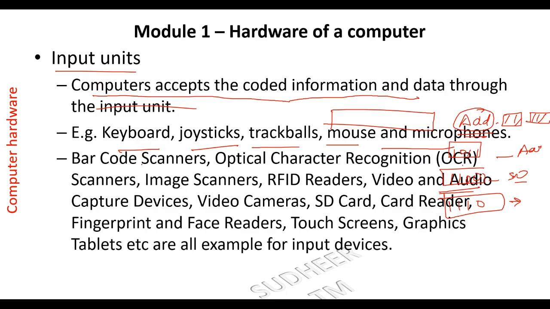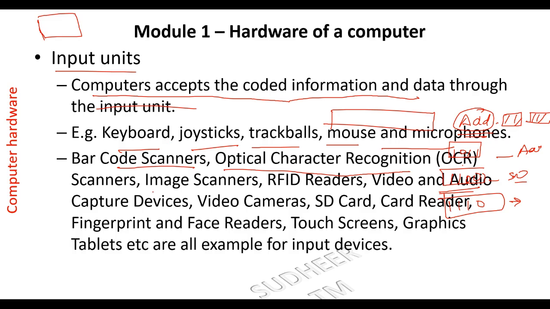Barcode scanners are another example of an input device. Optical character recognition scanner, OCR. Optical character recognition means suppose you have an image or a PDF with some alphabets, some English words. With an optical character recognition system, we are able to read that data.